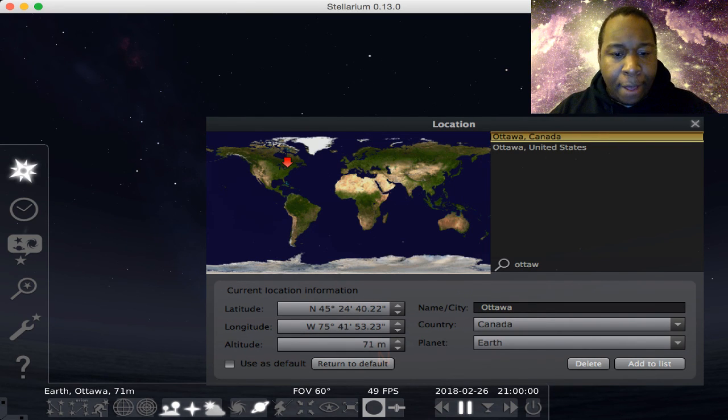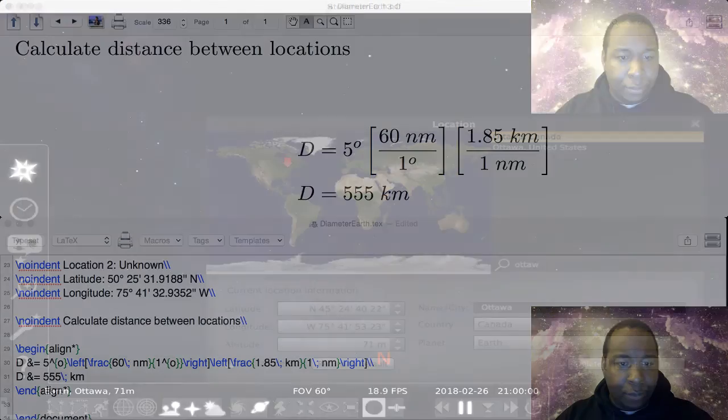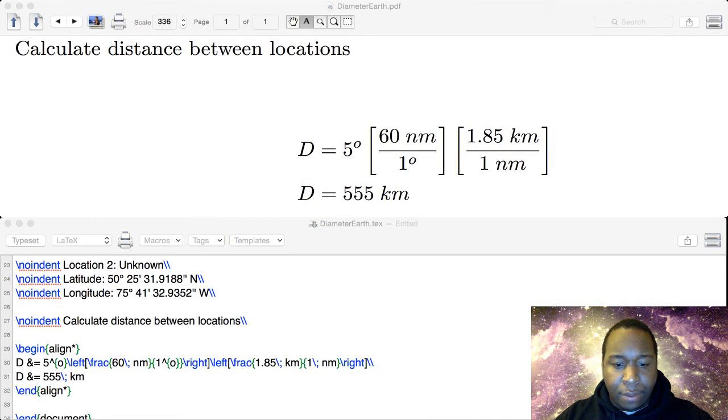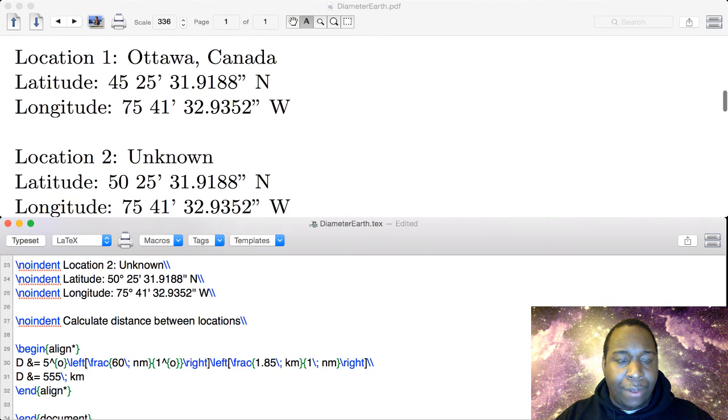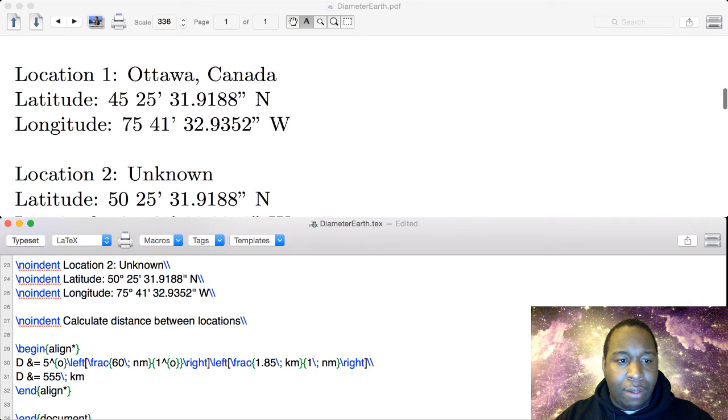All right. And so I want to make sure that it's actually showing the correct information. So north 45 degrees. Let's go ahead and look back at what we currently have. Make sure it's all the same. So that looks about right. The latitude is 45 north, longitude is 75 west.